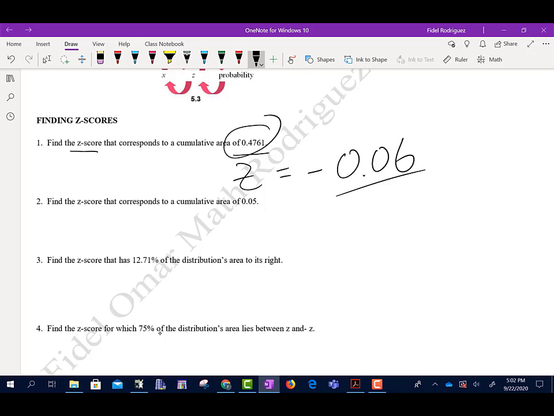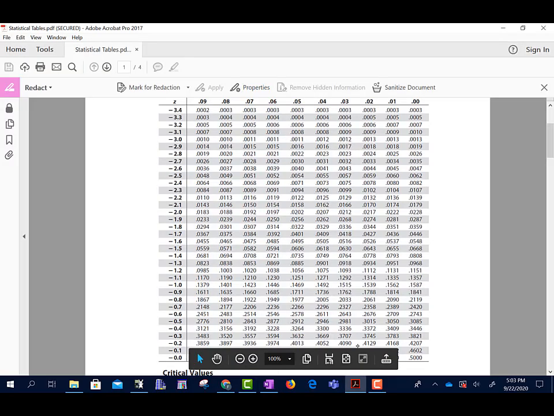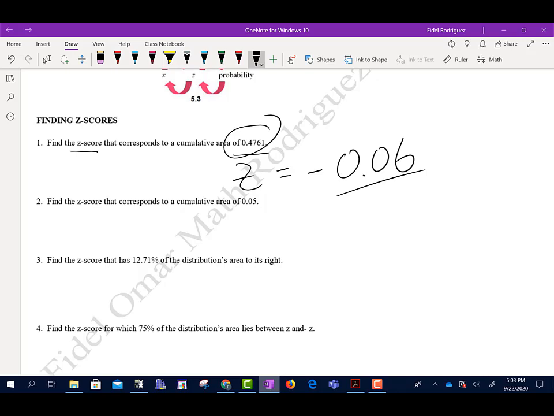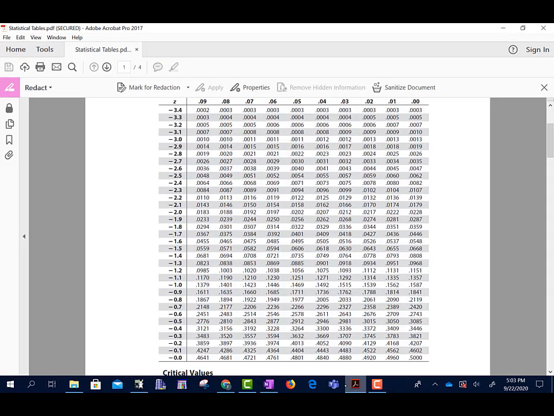Okay, I'll do the same thing here. We're going to find a z-score that corresponds to a cumulative area of 0.05. If I look right here, the number in the middle would probably be that, because this is 0.0495 and this is 0.0505.